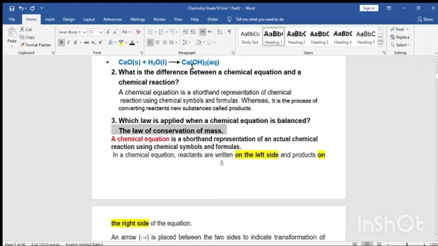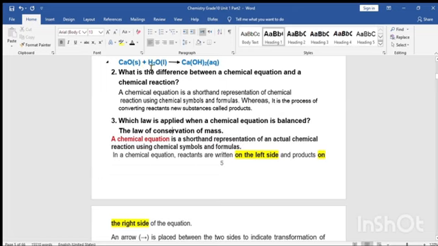A chemical equation is a shorthand representation of a chemical reaction using symbols and formulas. It is obvious. What we observe here is the chemical equation between calcium oxide and water to give calcium hydroxide, written in this form: the reactants are written on the left side of the equation, the products on the right side, and the arrow separates the reactants from the products.